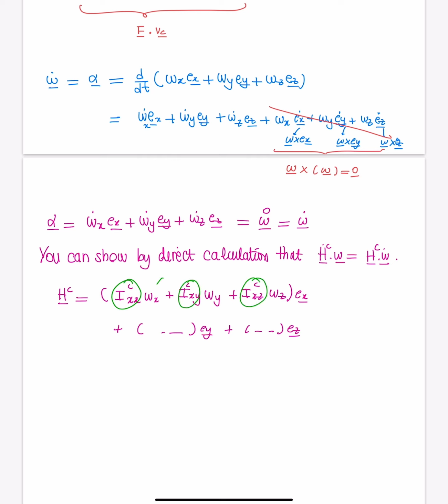What changes in time are the components of the angular velocity and the rotational basis vectors, and you can show this equivalence from direct calculation.